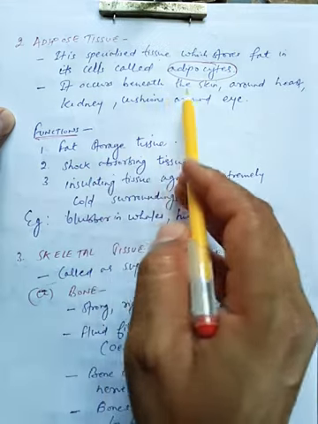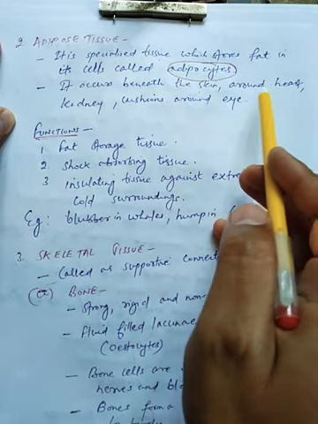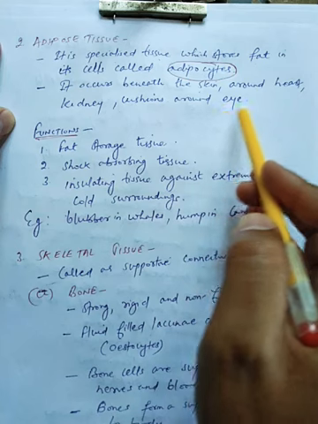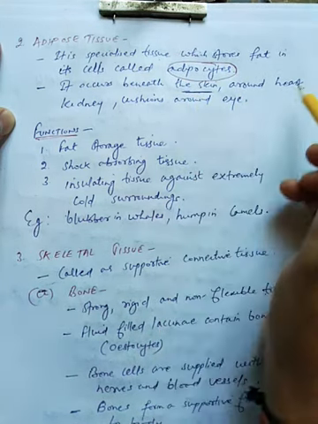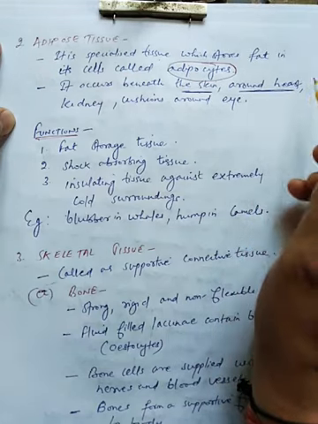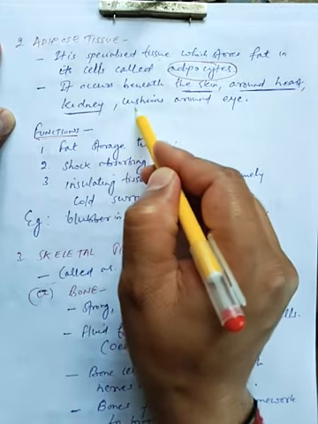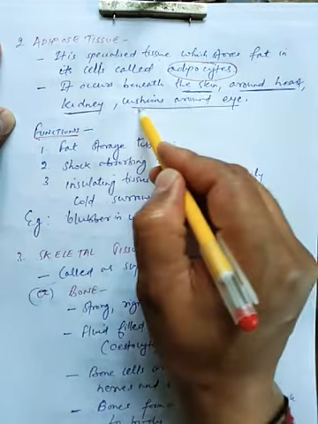It occurs beneath the skin, around the heart, kidney, and as cushions around the eye.